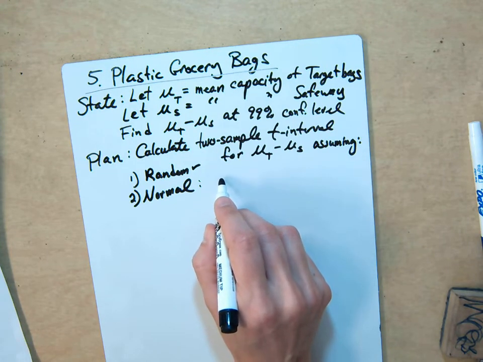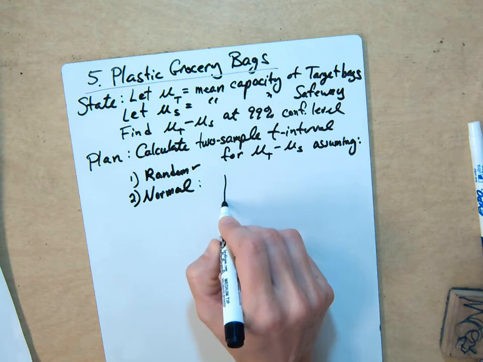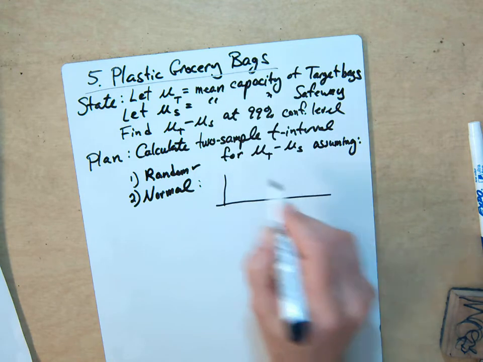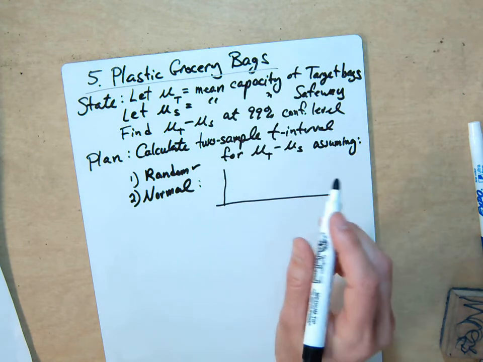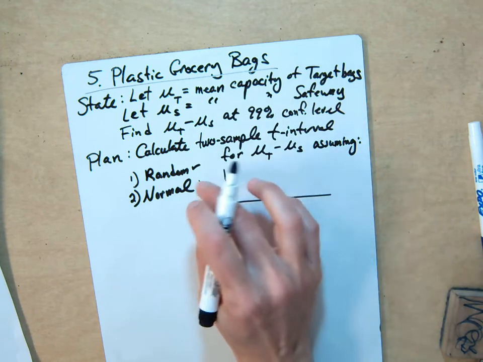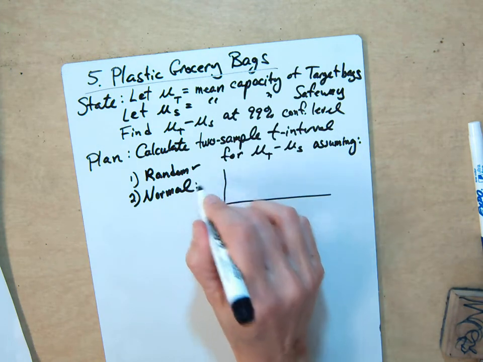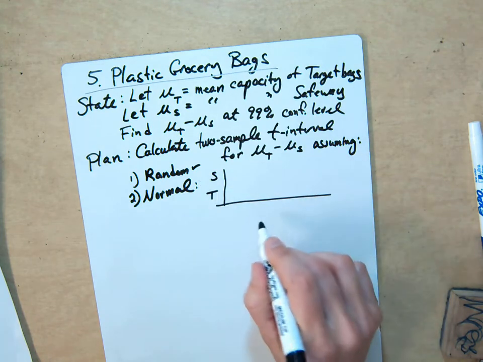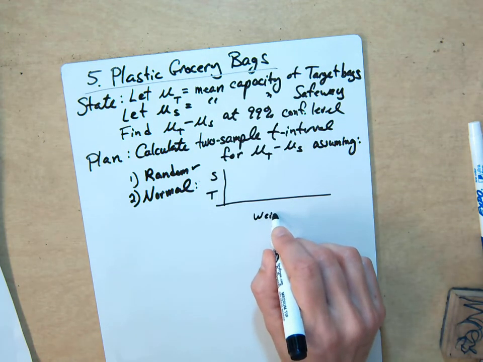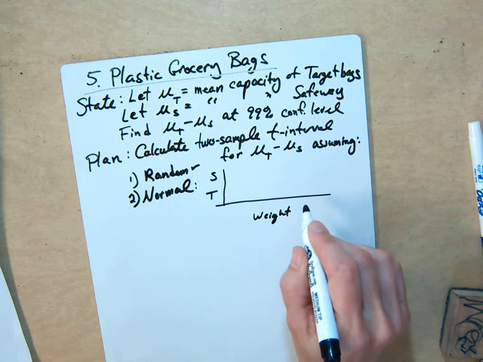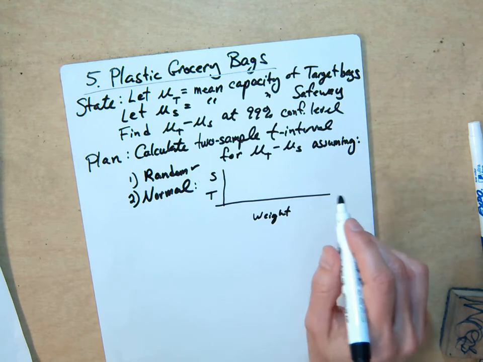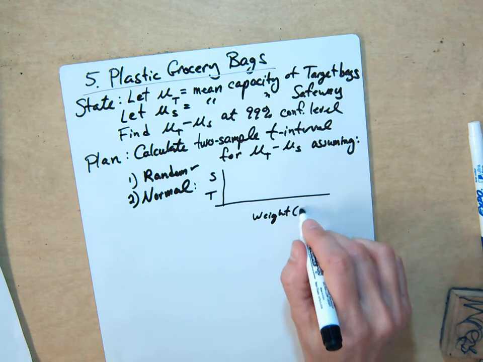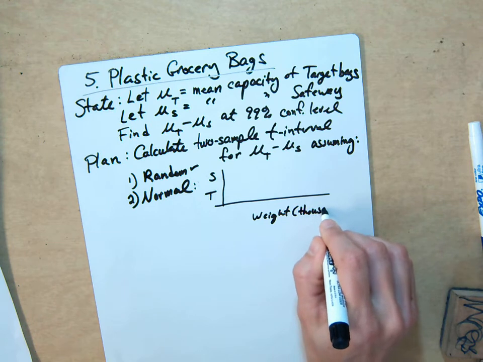So we will, and you should label what's on each axis. So we can do side by side here for Safeway and Target, and the weight is here, and we'll do weight in thousands.